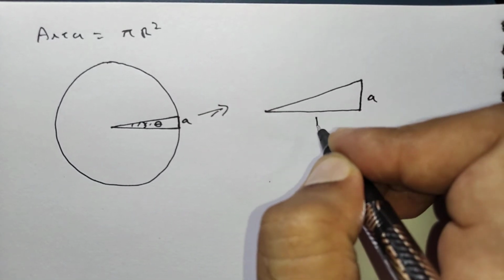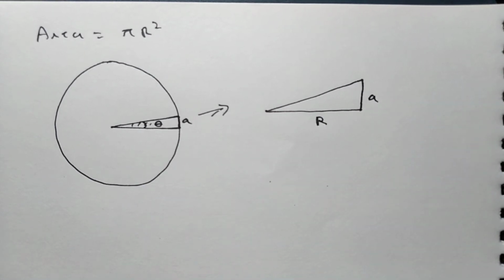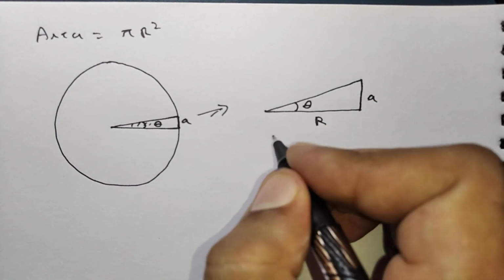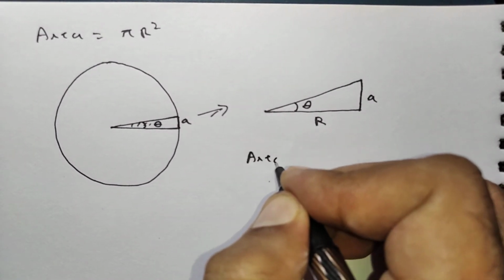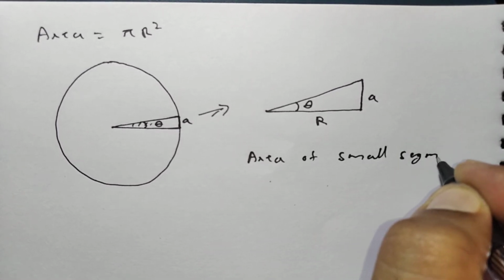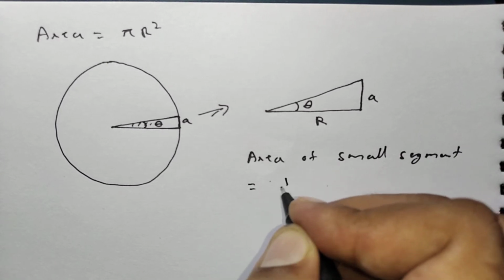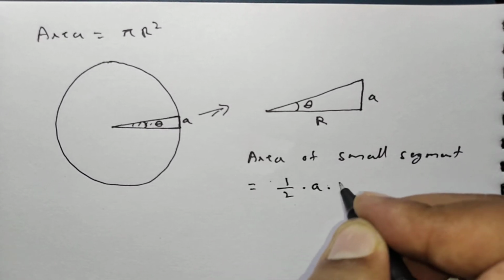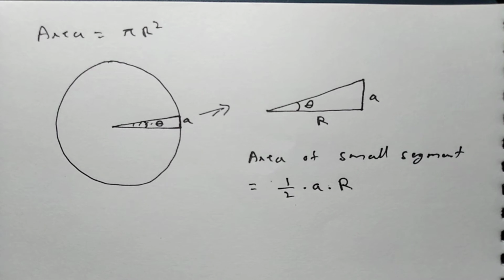This is our a and this is our r, and this is our angle theta. So area of this small segment is equal to 1 by 2 into a into r. This is half a into r.